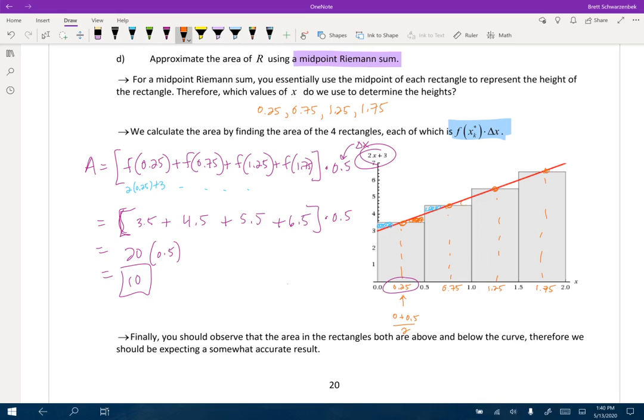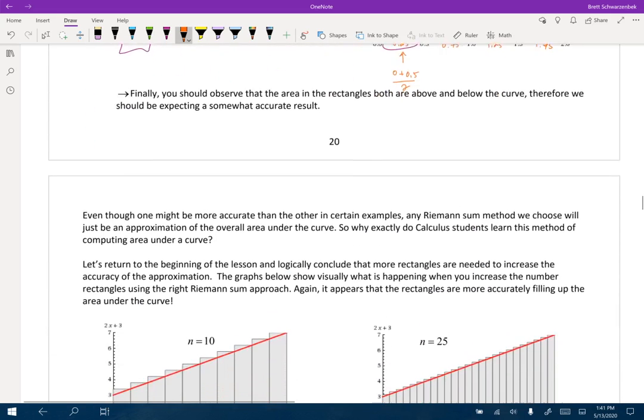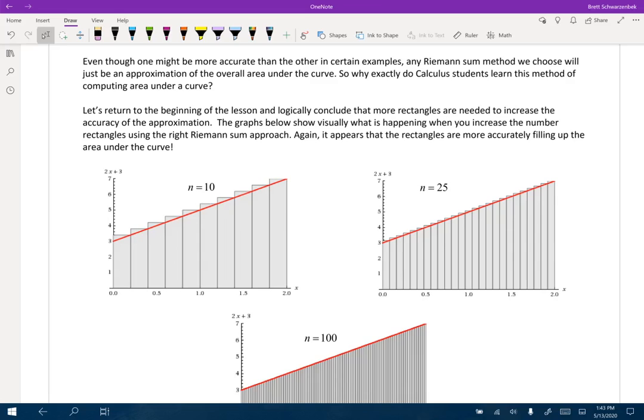So this is the accurate area under this curve that we can compute. But that doesn't mean that the midpoint Riemann sum is the all-hail method that we use. It depends on the problem which one might be more accurate in terms of what we're doing.